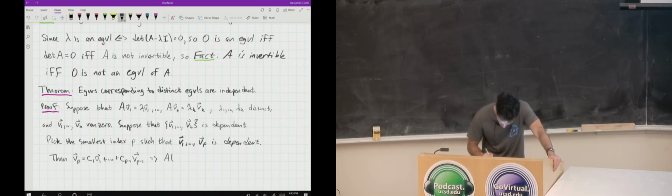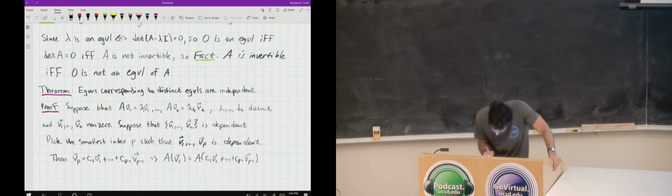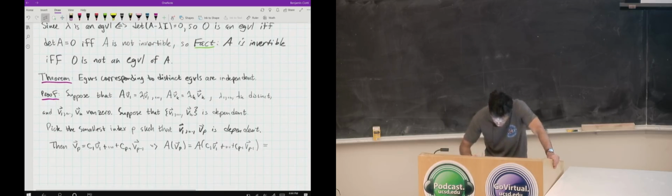So A on vp is equal to A on c1 v1 plus up to cp minus 1 vp minus 1. Sorry, thank you, you're right. A on vp. Okay, and what do we get there?